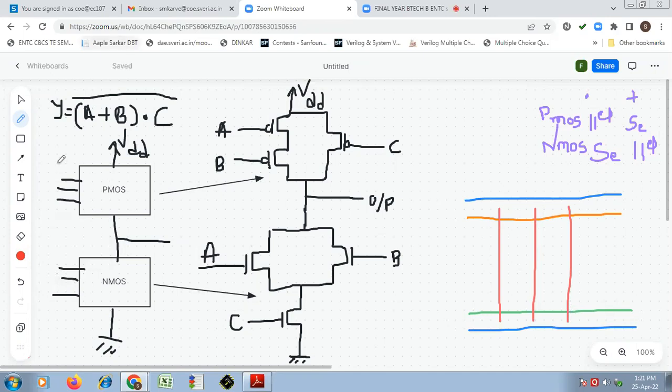Okay, now before we start here, we have to mark the terminals. Okay, so this is the source, right? This is the drain, this is source, this is drain, this is also drain, and this is source. Similarly, here is also drain, here is drain, this is source, source, this is drain, this is source.